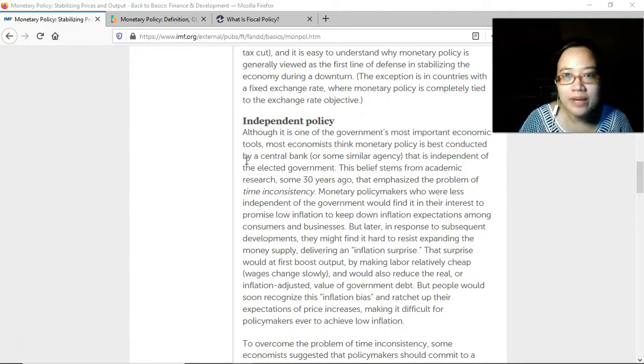Alright, independent policy. Although it is one of the government's most important economic tools, most economists think monetary policy is best conducted by a central bank. Yes, here in the Philippines, we have the central bank, the monetary board, that is independent of the elected government, although ours are appointed by the President of the Philippines.